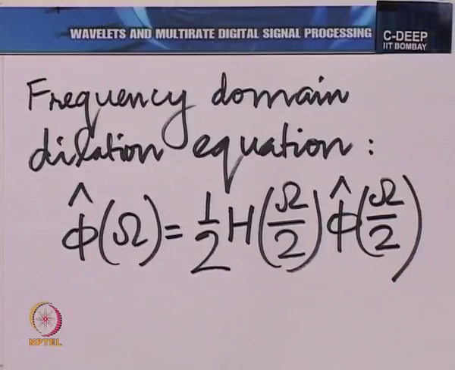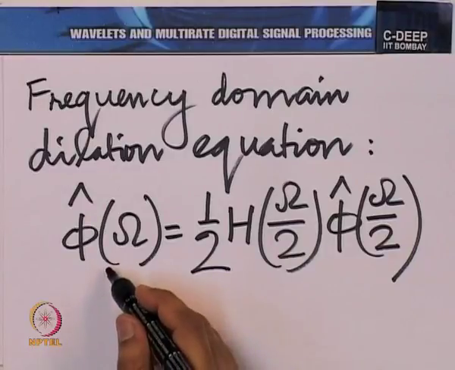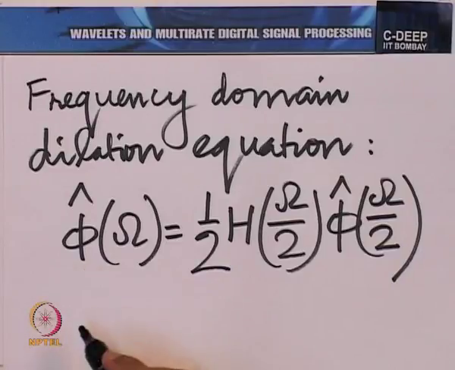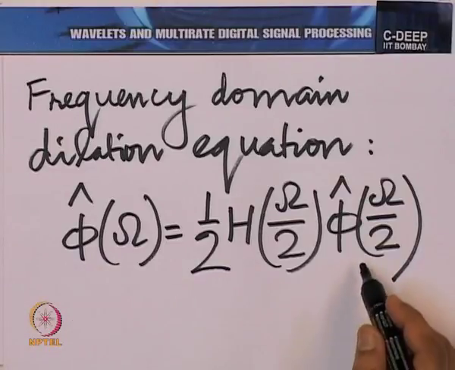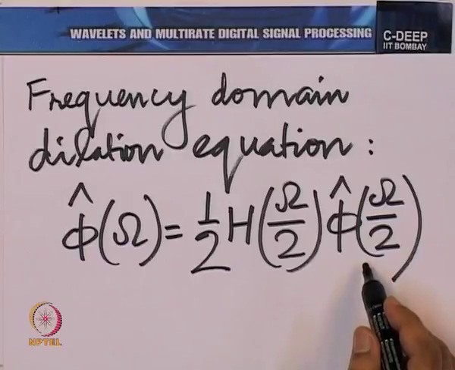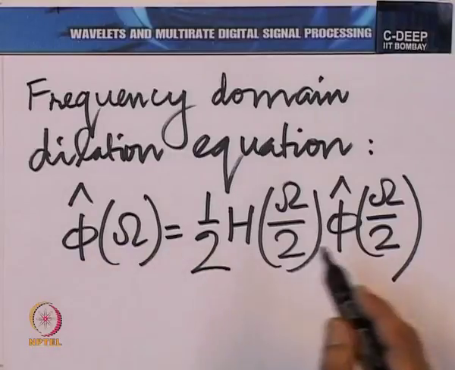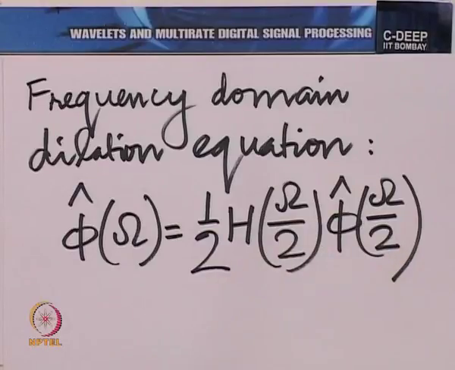You see, the beauty is that a dilation equation which involved summation over many terms has now become a dilation equation involving a simple product. How do we interpret this? The Fourier transform of phi t evaluated at omega is equal to the same Fourier transform evaluated at omega by 2 times the DTFT.